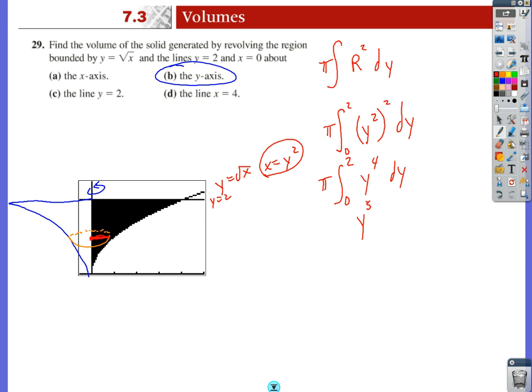Take the antiderivative, y to the 5th over 5 times pi, evaluated from 0 to 2, is equal to 32 pi over 5 minus 0 pi, which will be equal to 32 pi over 5 units cubed.